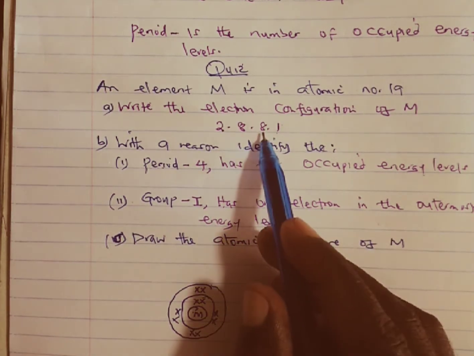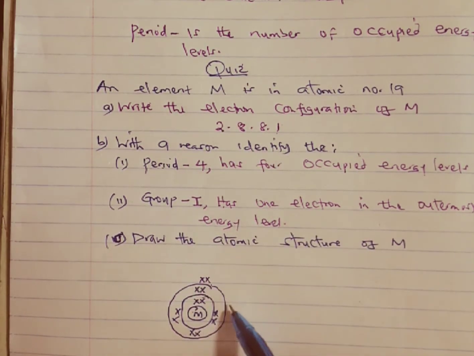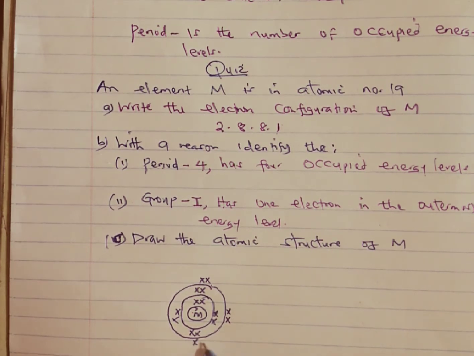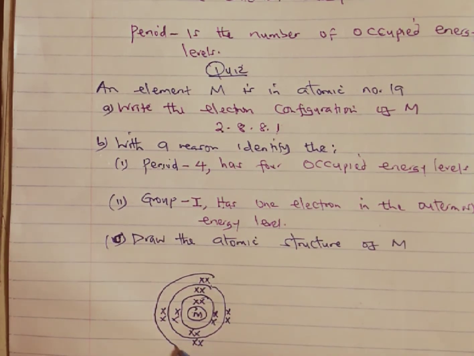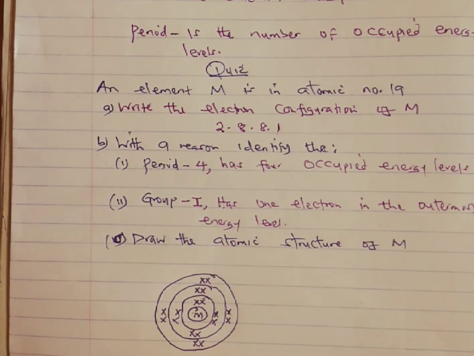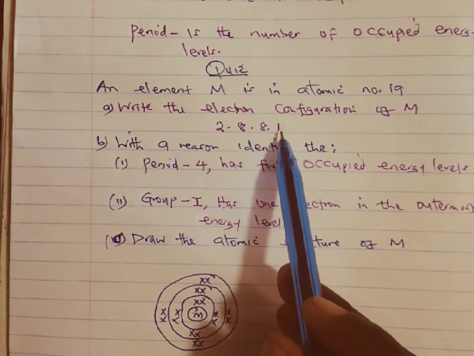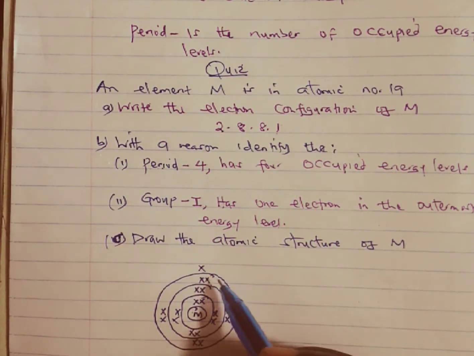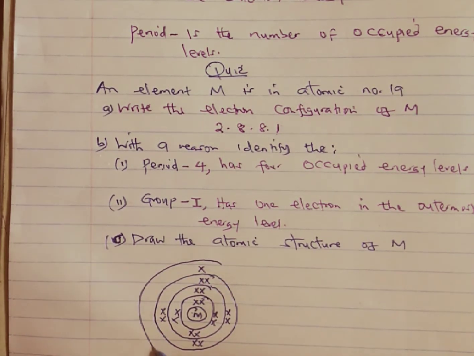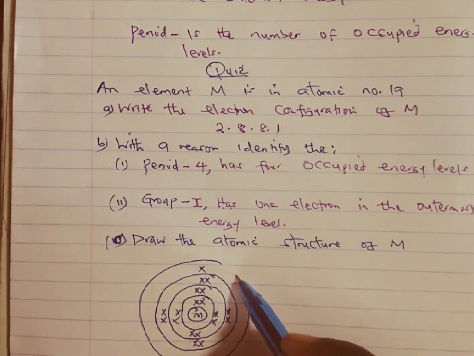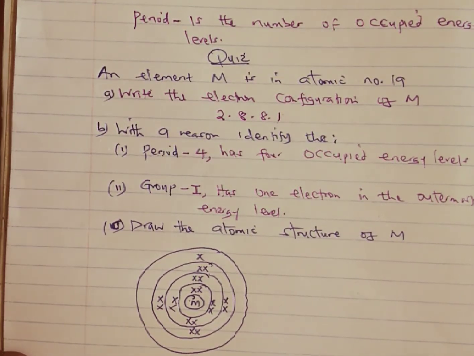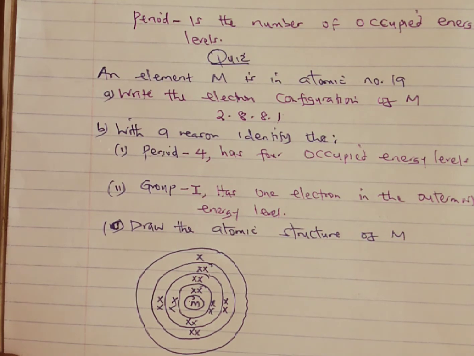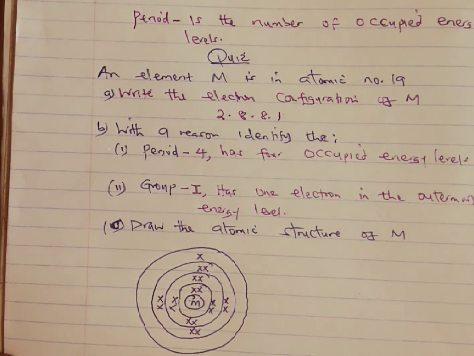The third one has again 8, so we have, this is 4, 6, these are 8. We close. Then of course the last one has 1 electron. Then we can now close this energy level, and this becomes the atomic structure of element M.